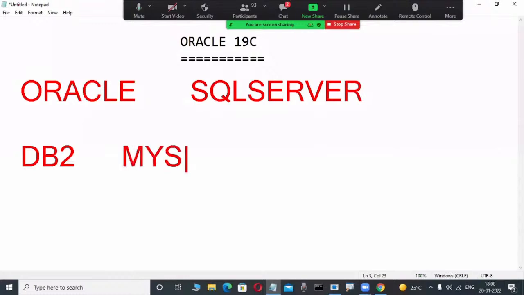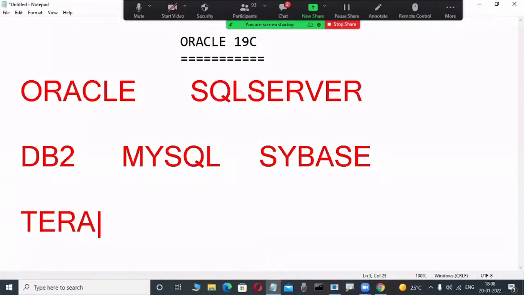MySQL is an open source database product, but nowadays Oracle Corporation has purchased it. Sybase is a database product from Ingres Corporation. Again, Teradata. Maybe so many fellows, data warehousing application programmers, have an idea.